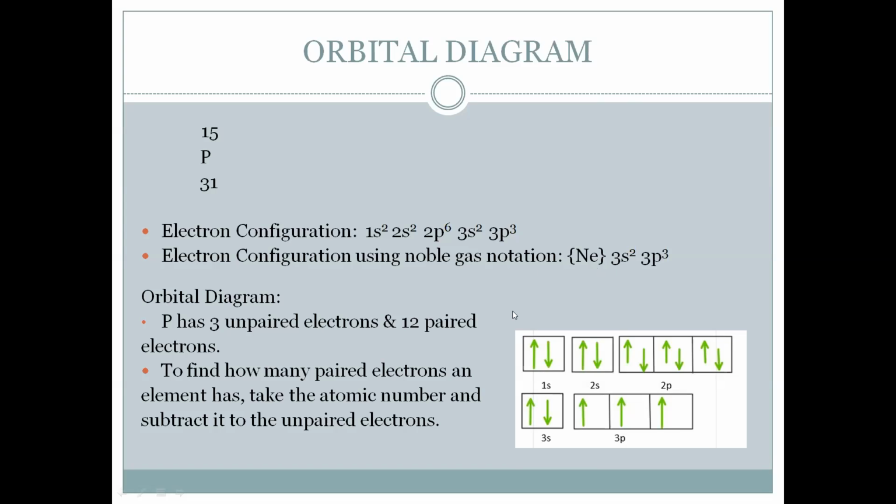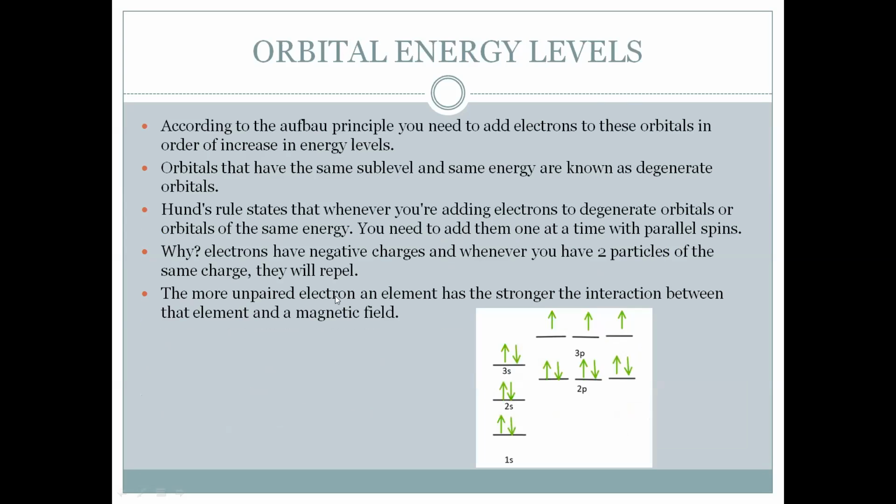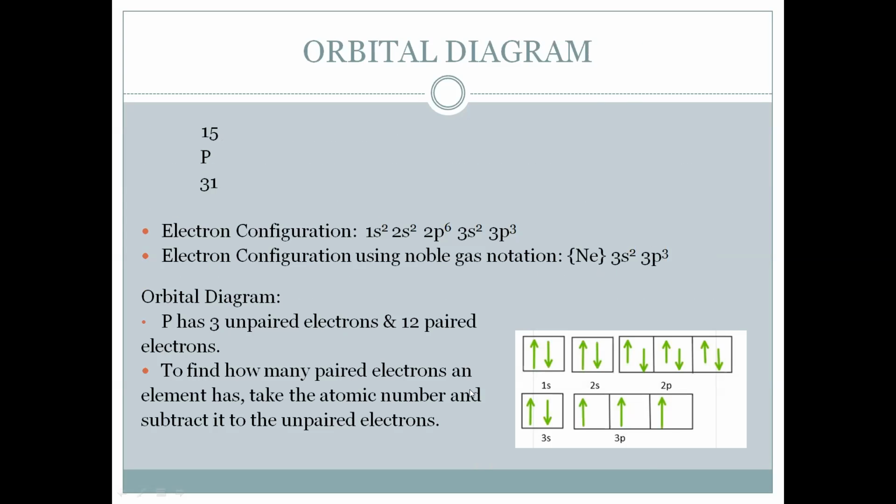Okay, now let's talk more about the orbital diagram. As you can see here, phosphorus has 3 unpaired electrons over here and 12 paired electrons.